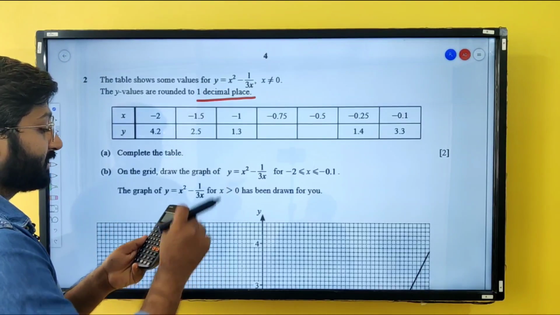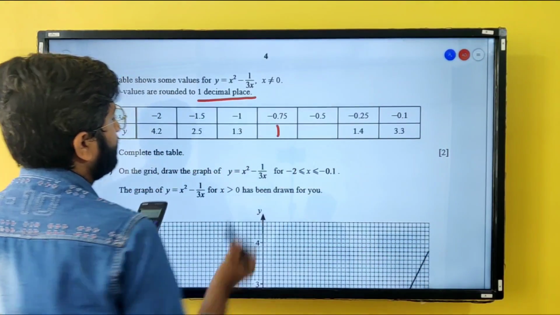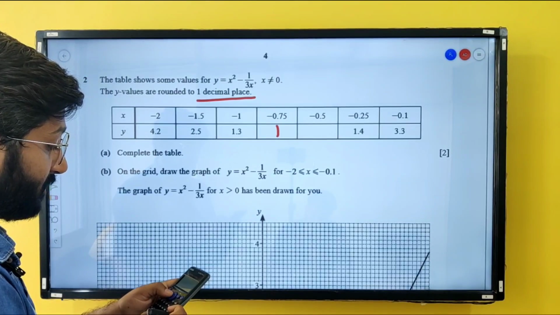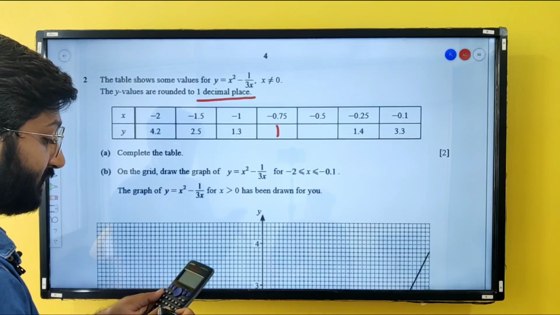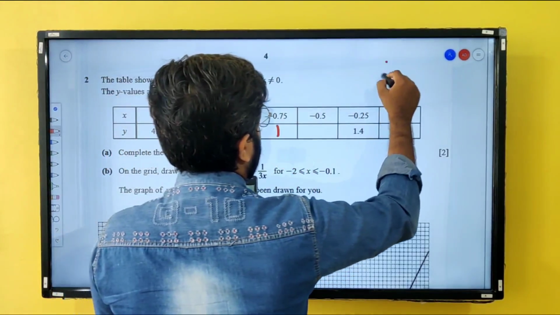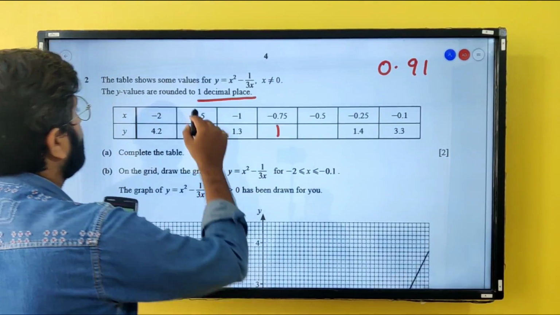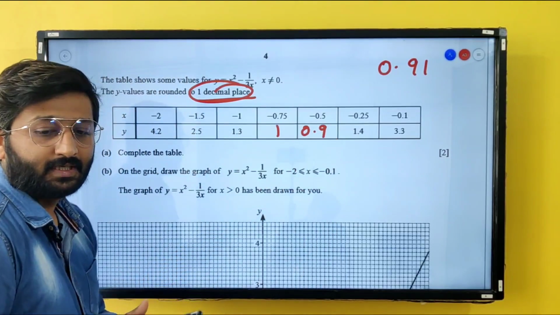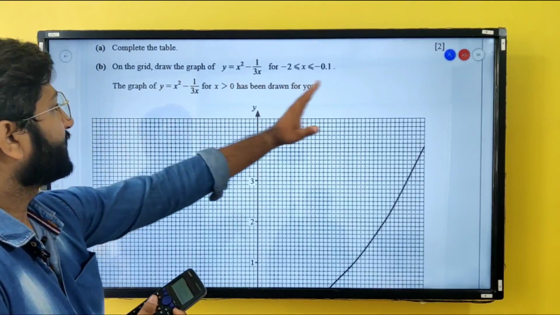So the answer is 1.00006, but I'll write it as 1 because 1 decimal place. Now same way I have 0.5 and here also I have 0.5. The answer is 0.911. The answer is 0.916. So as I have to round off up to one decimal place, my answer is going to be 0.9. Right?